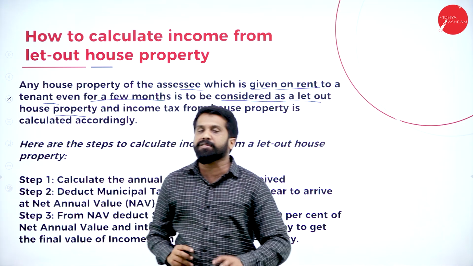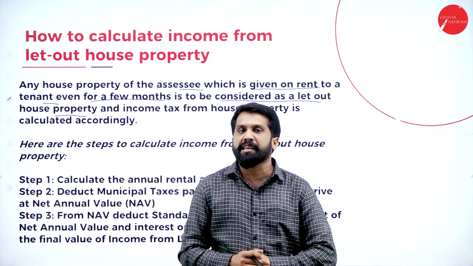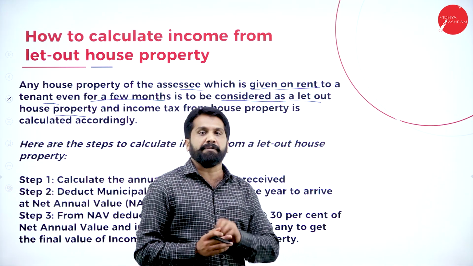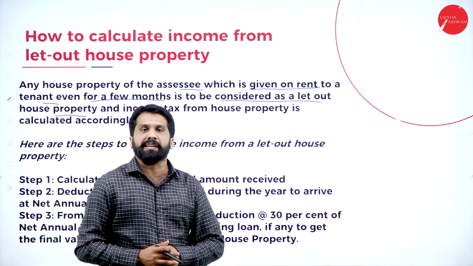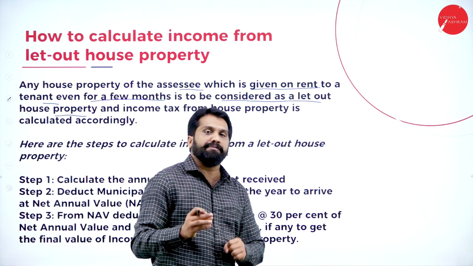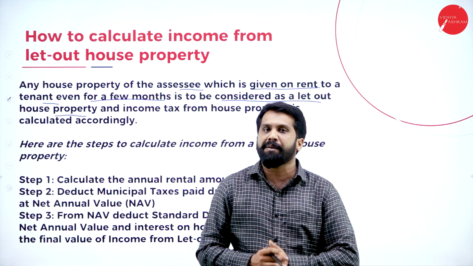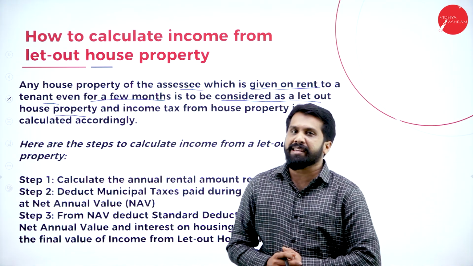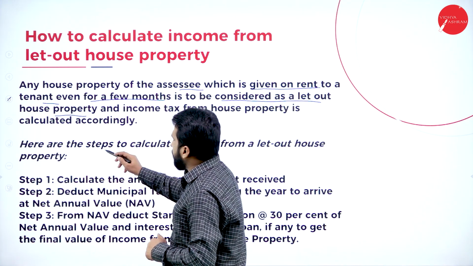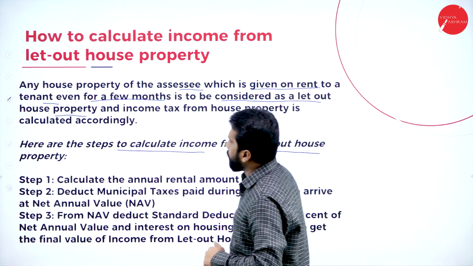There is no rule that you should give it for a complete 1 year. If you give it for 2 months, that is also let out. If you give it for 5 years, that is also let out. The month or year is not the criteria. If somebody occupies it and somebody is paying on their behalf, that is called income from house property.